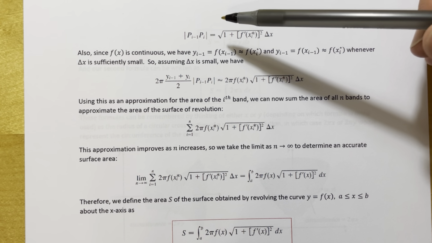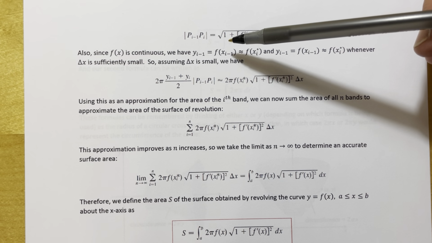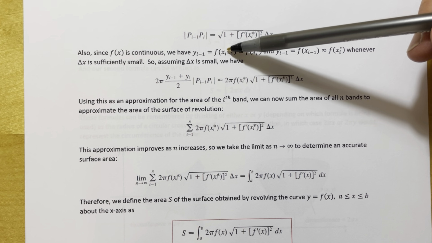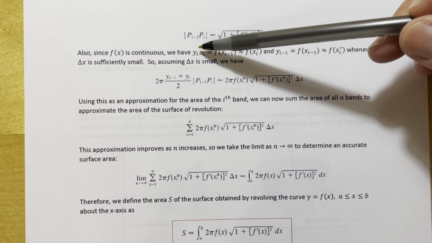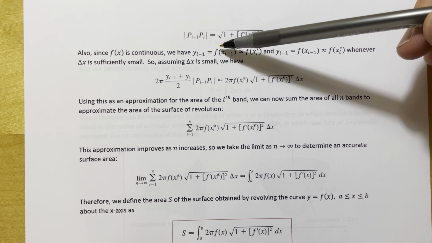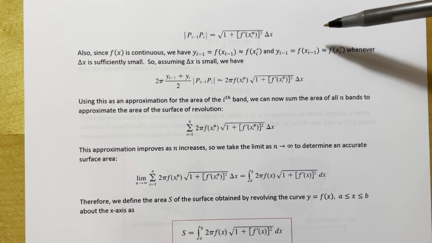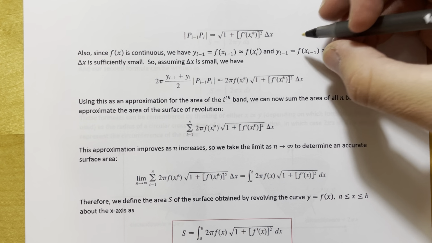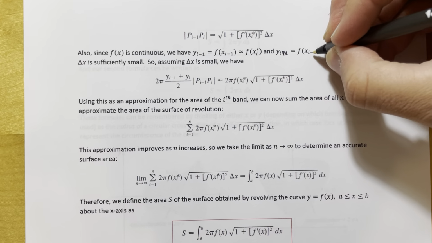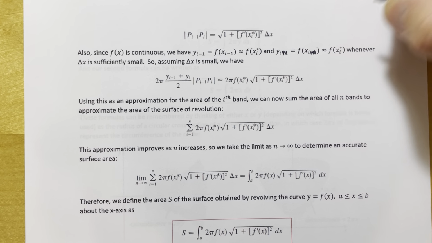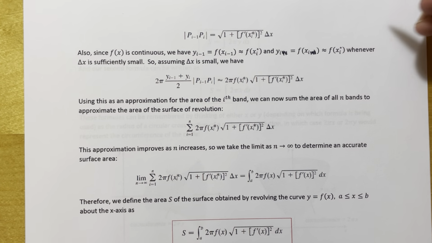Also, we know that yi minus 1 is equal to f of xi minus 1. That's where that y coordinate is coming from. It's from plugging xi minus 1 into my function. Also, you know what? I think I have a typo here. These should be yi's here. I think I just copied and pasted the same thing.